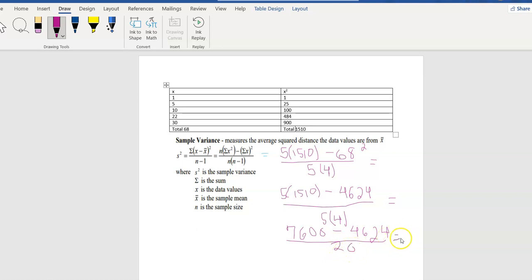All right, now let's finish the subtraction on the top. 7,600 minus 4624 ends up being 2976. And now I'll go ahead and divide it by the 20. And my variance is 148.8.